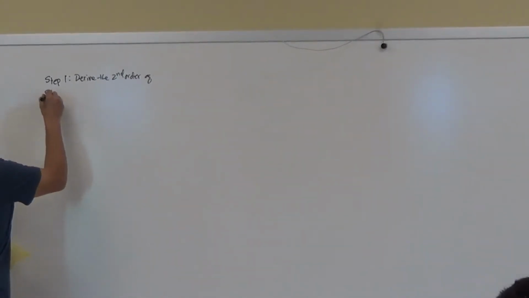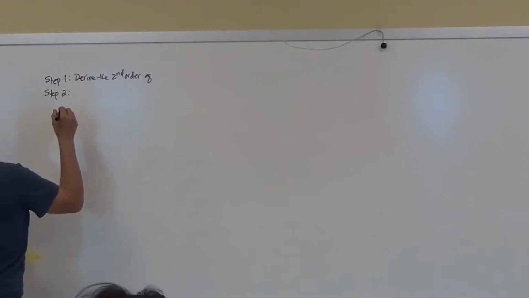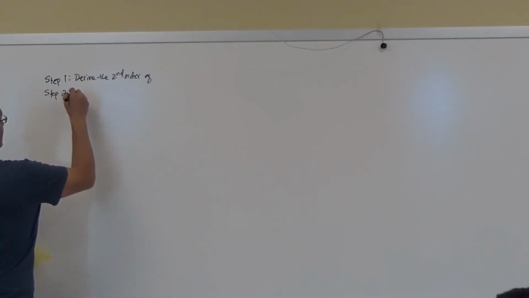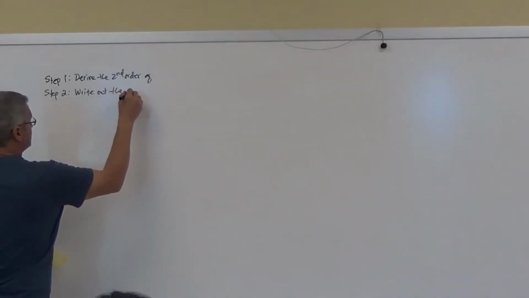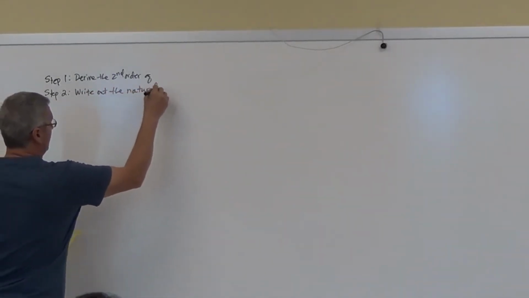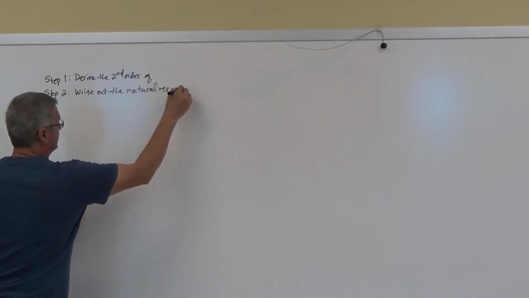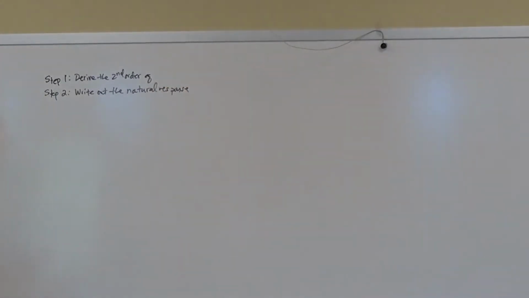Step 2, you're going to have to write out the natural response. And you're going to see that that's really not a trivial thing. There's algebra, there's pieces involved that you'll have to do.